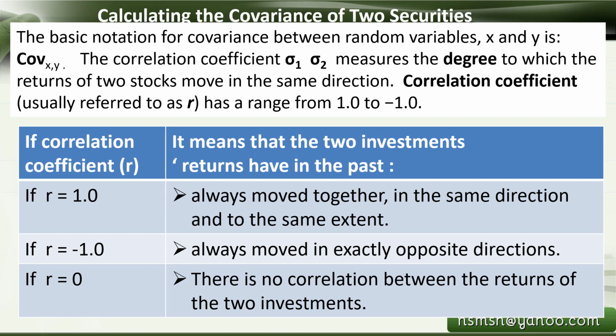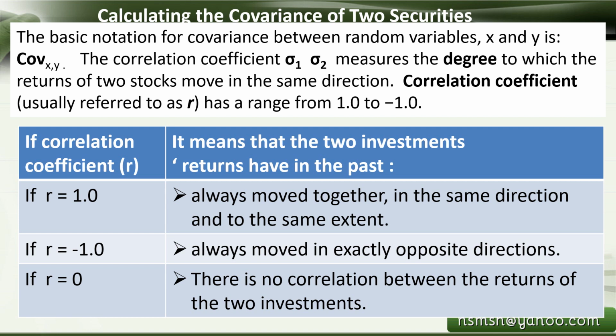If R equals 1, they always move together, in the same direction to the same extent. If it is -1, they move in opposite directions, negatively. And if it is 0, there is no correlation at all between the returns of the two investments.